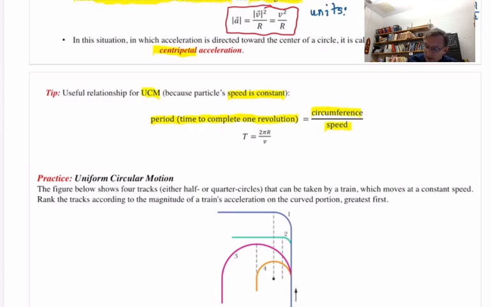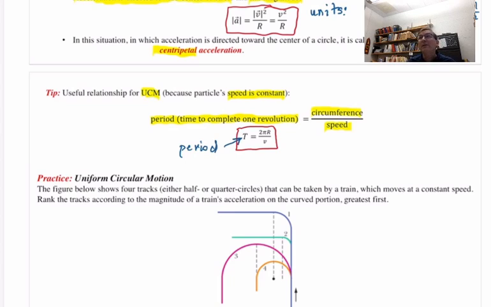Please note this. You need this just as much as you need A equals V squared divided by R when you study uniform circular motion. The period of the motion, note the symbol please, capital T for period, not little t, because capital T for a given uniform circular motion problem is a constant.